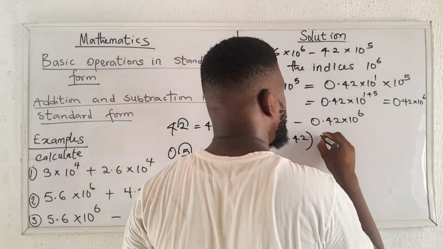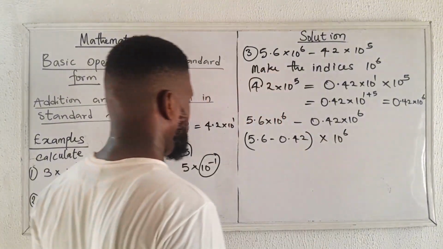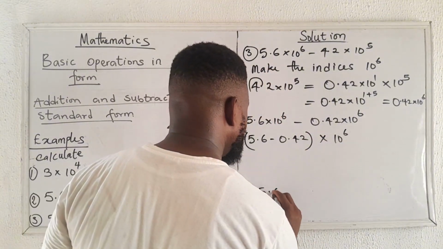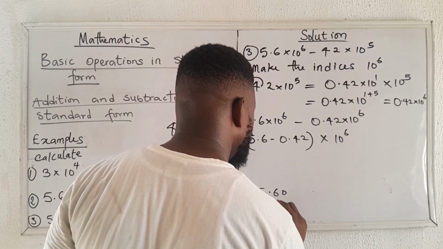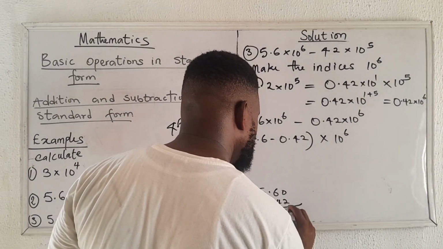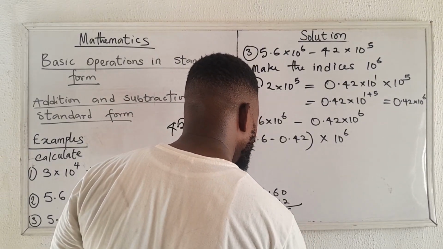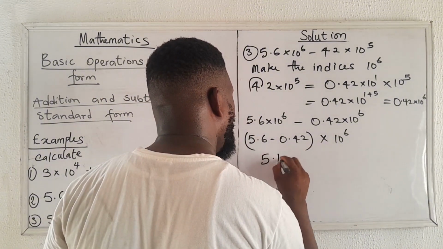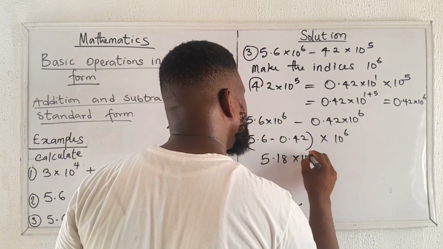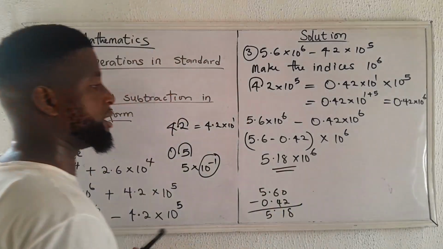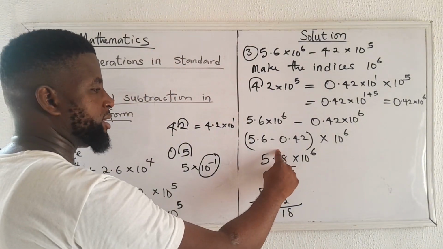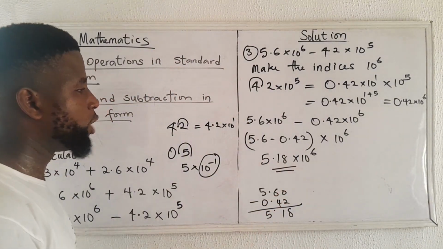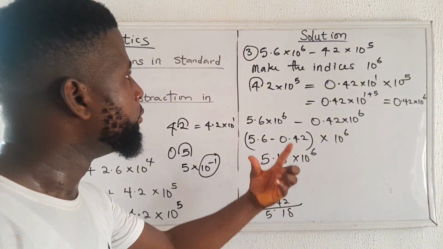And then we pick one of the 10 raised to the power 6. Of course, we have 5.60 minus 0.42 will give us 5.18. So this gives us 5.18 times 10 raised to power 6. And this is our answer because our A is greater than 1 and it is less than 10. So it is a correct standard form.